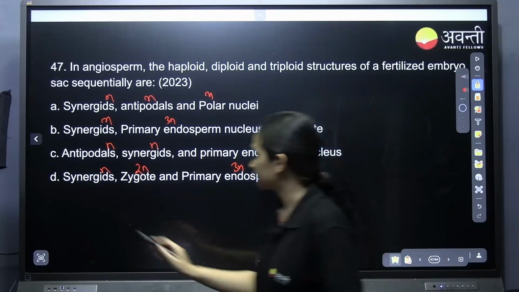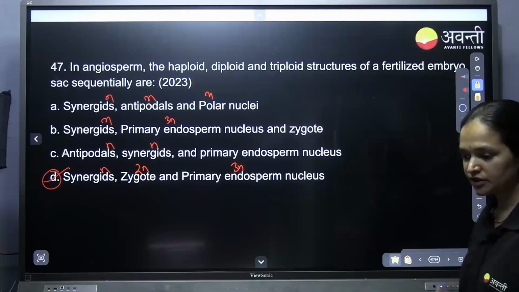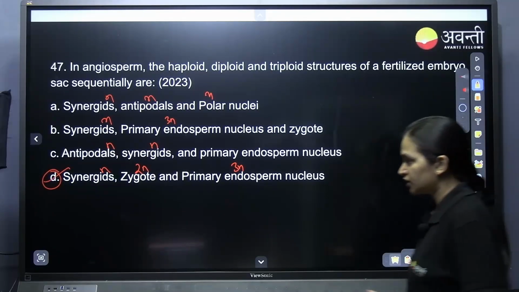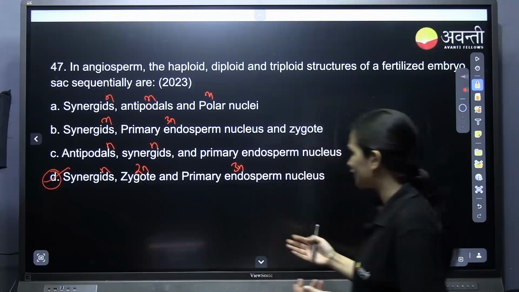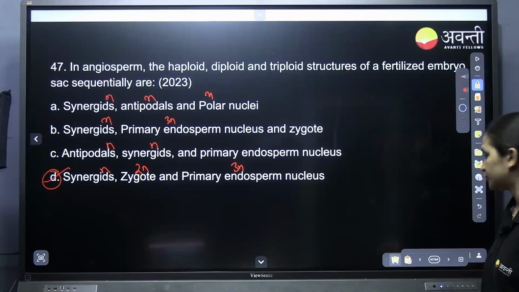So, D is the correct answer. Any doubts in this? Synergids are haploid in nature, zygote after fertilization. So, it is diploid in nature, and primary endosperm nucleus is triploid in nature, that is after triple fusion.